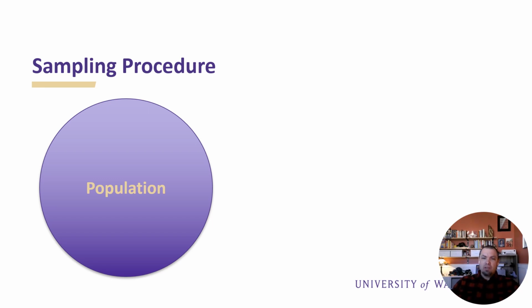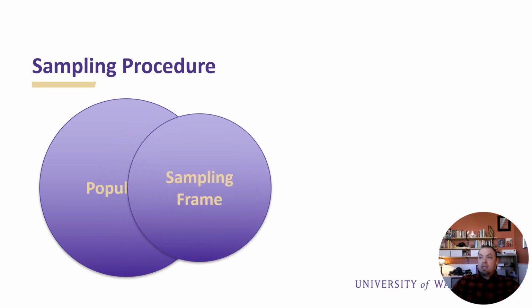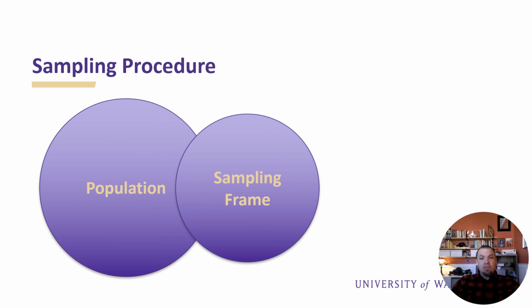Once we have the population set and bounded, then we have to identify the sampling frame. A lot of the time the sampling frame is the population, and the sampling frame is simply the group of cases from which we are going to collect our data. The sampling frame could be smaller.